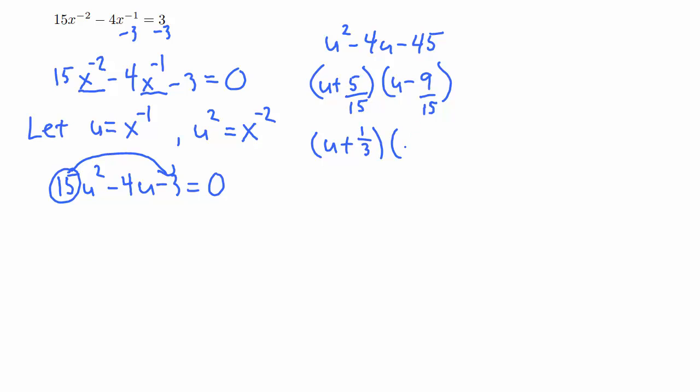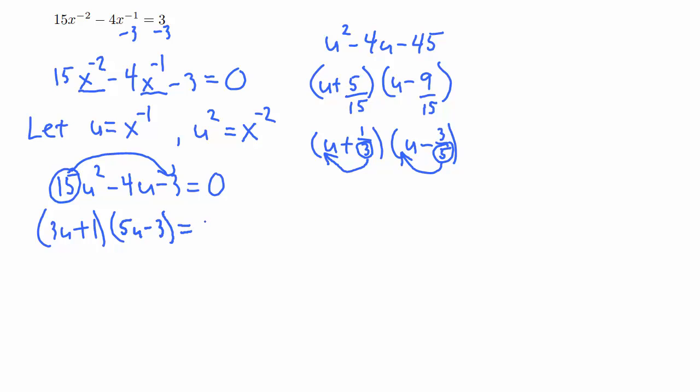And then 9 over 15, divisible by 3, gives me 3 over 5. This time both of them have a denominator, but they still need to come up, so the bottoms up gives me (3u + 1)(5u - 3) = 0.